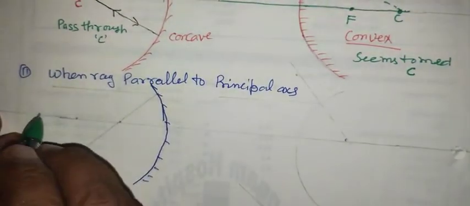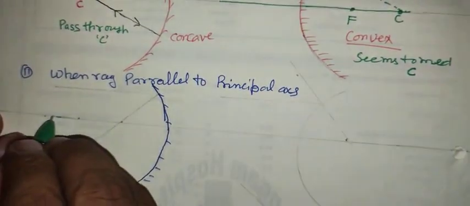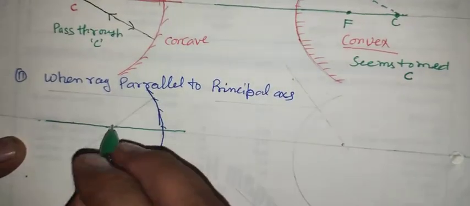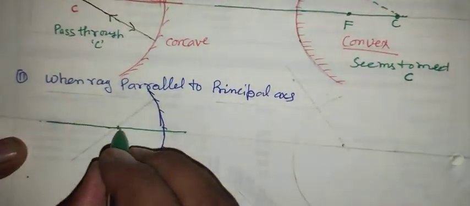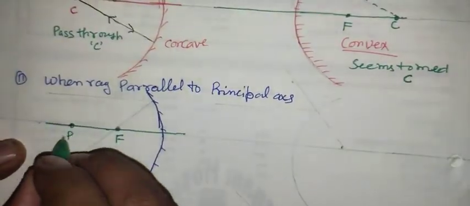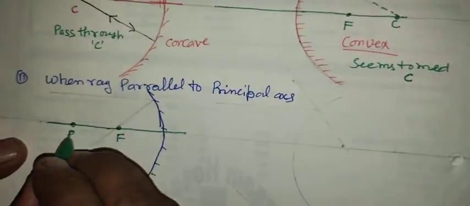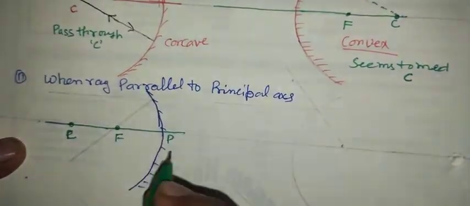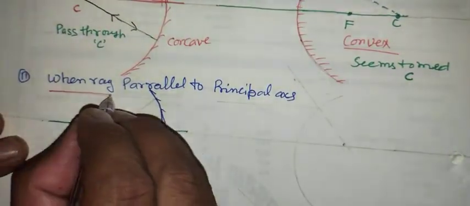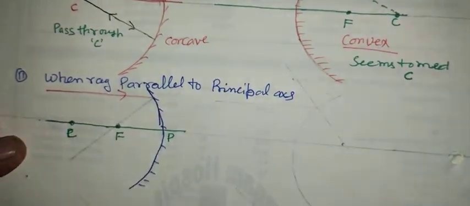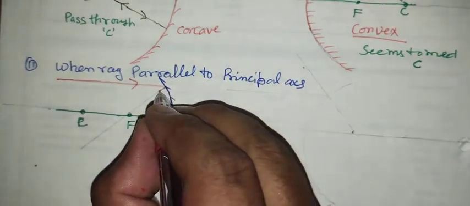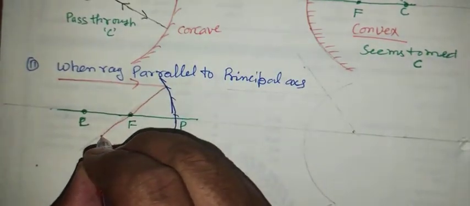In the concave mirror, take this line as the principal axis. Take two points, the focal point and the center of curvature, and the pole. Now we will take a ray of light parallel to the principal axis. According to the rule, when it falls on the concave mirror, it always passes through the focus.